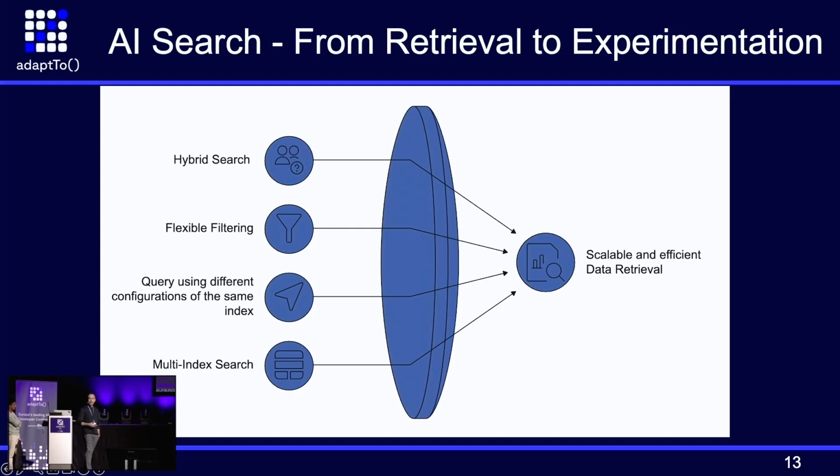You can say, use that model, use that vector space, and you can combine them. That makes A/B testing trivial. You can run this stuff in production with different configuration. You can monitor performance. You can gather feedback, and then switch to the best setup with confidence without re-architecting the system.